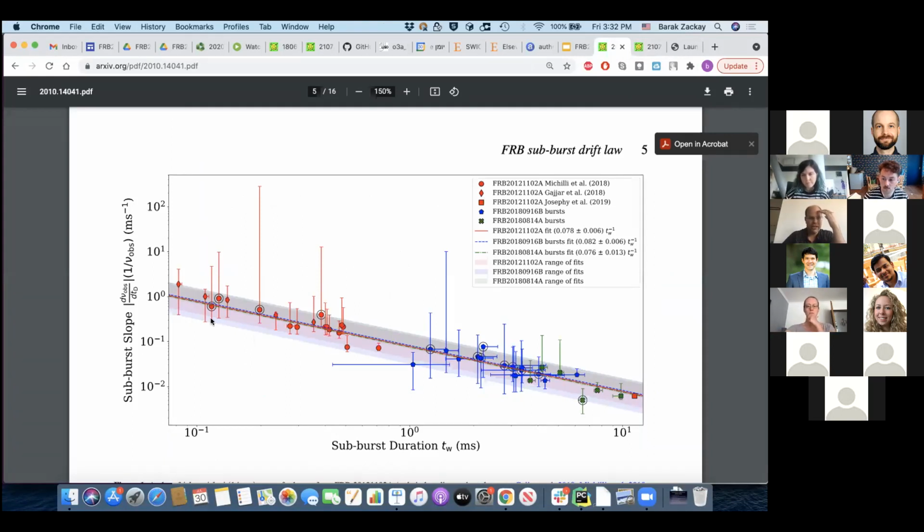It seems to me rather like a coincidence that if you take this relation and ask what it means, it means that any FRB that you observe travels not so much longer than its actual intrinsic duration. So if you have a wide burst, then it is allowed to move only slowly.